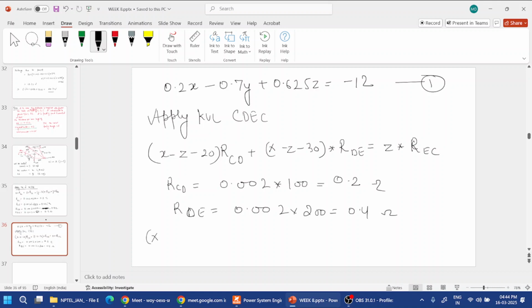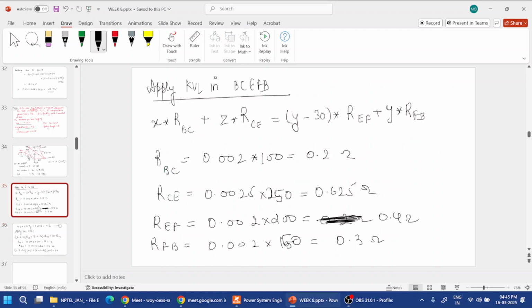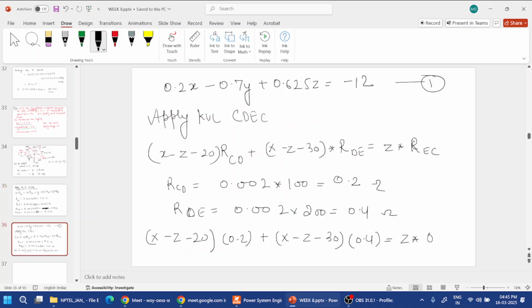So (X minus Z minus 20) into 0.2 plus (X minus Z minus 30) into 0.4 is equal to Z into REC, which is 0.625. Let me multiply it for you.